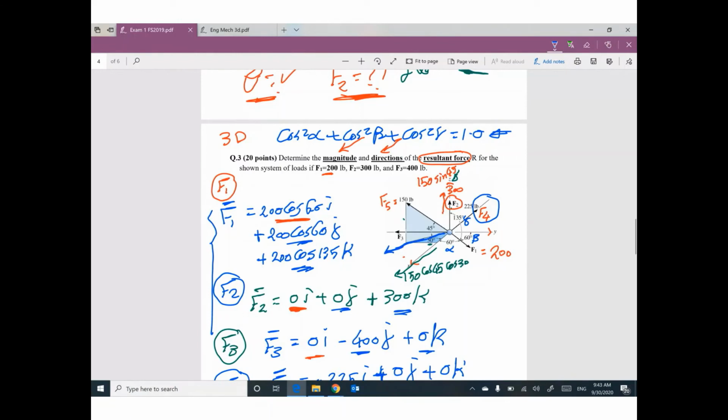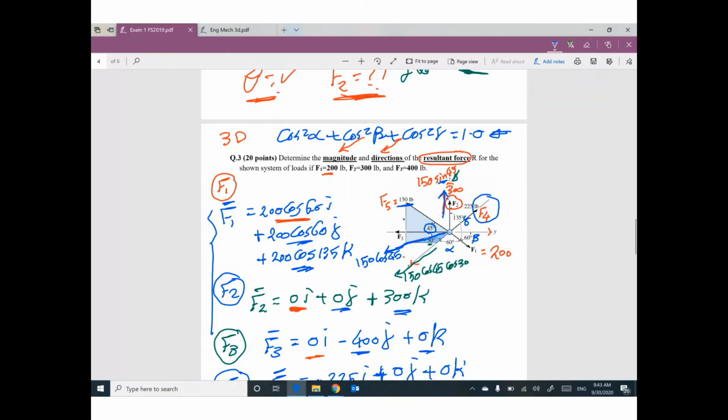The angle 45 degrees is given between 150 and this projection line. So this projection line will be 150 cosine 45. Why cosine? Because this projection line is adjacent to this angle. Then the z component will be sine. So first step, you need to break 150 between the projection line and the z component.